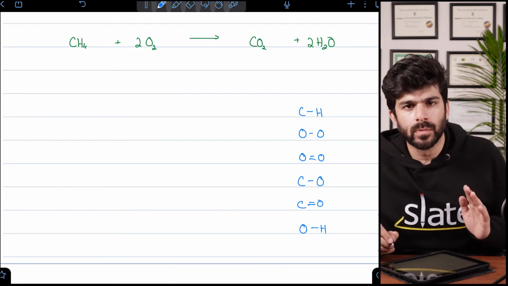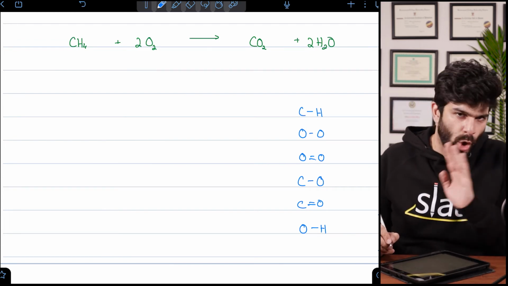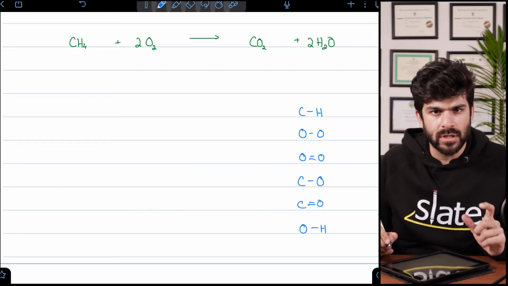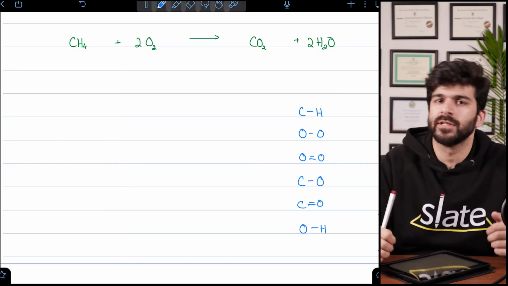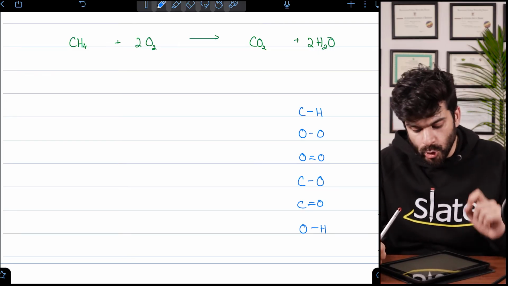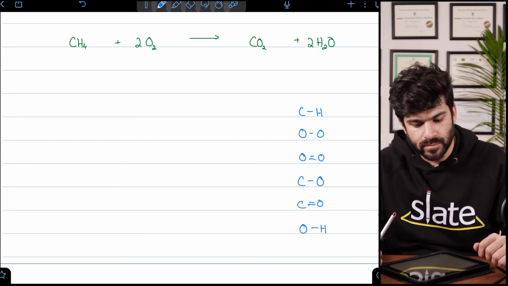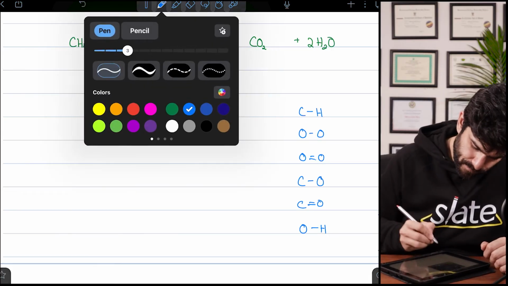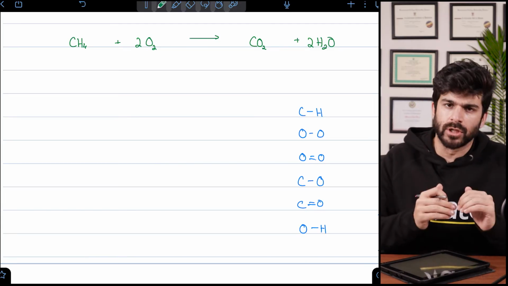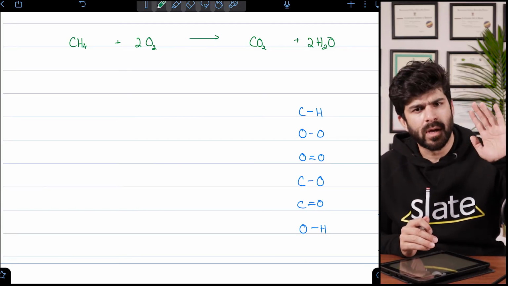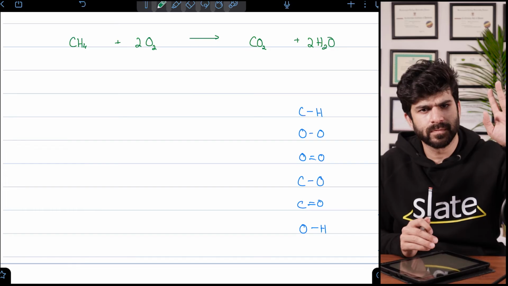Now let me tell you, most of the time it's not that way, but a few times in the past papers, the examiner has given you irrelevant bond energies. Irrelevant. So you need to know which ones are to be skipped out. For instance, as I said, you need to know chemical bonding. You need to know the structure. Sometimes they've given you the structure, making your life hell easy, students.